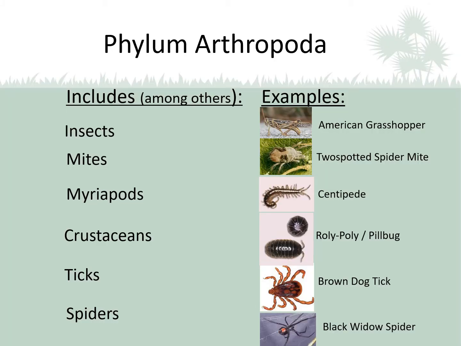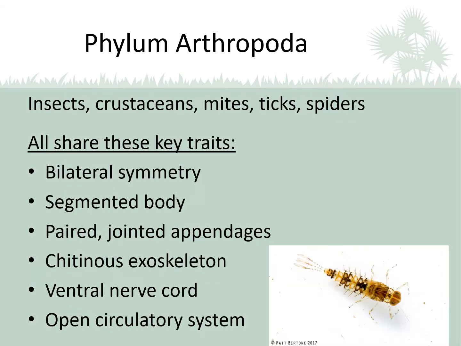Okay, the phylum Arthropoda. It includes insects, like the American grasshopper, mites, myriapods, like centipedes, the crustaceans, ticks, and spiders. So as you can see here, we're not talking exclusively insects today. We're talking about arthropods, because these can all be issues you'll encounter in horticulture, and to some degree even in public health.